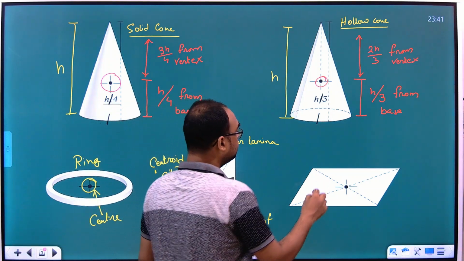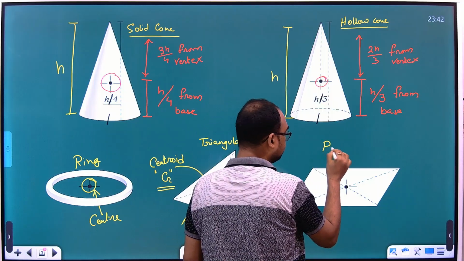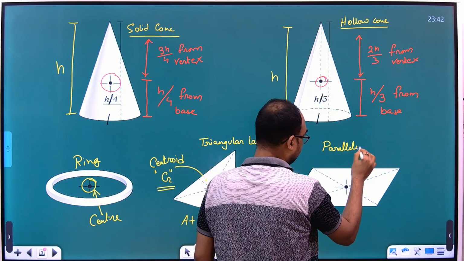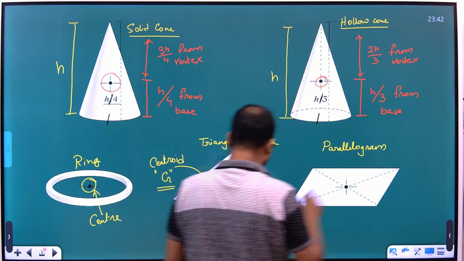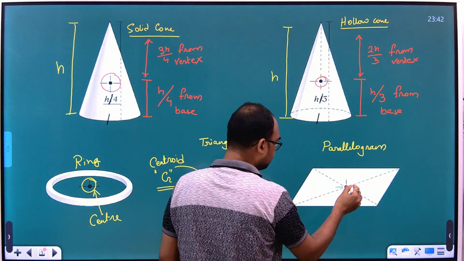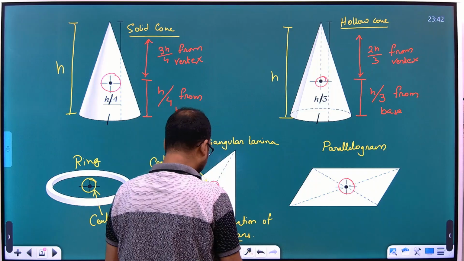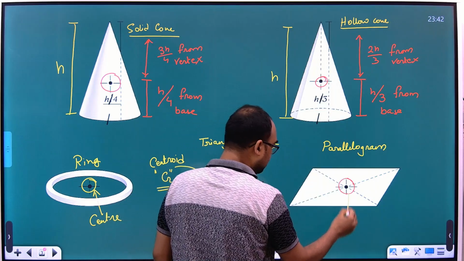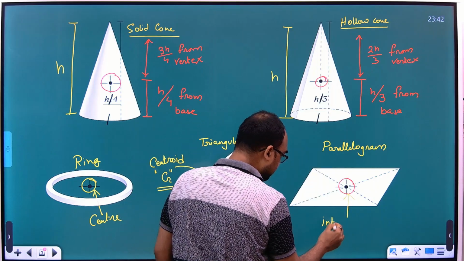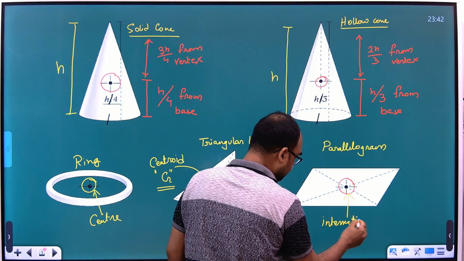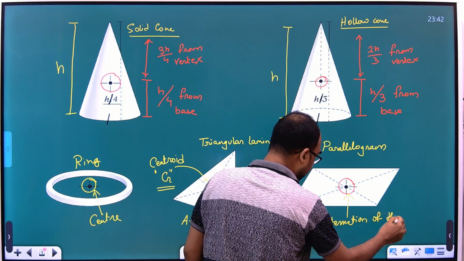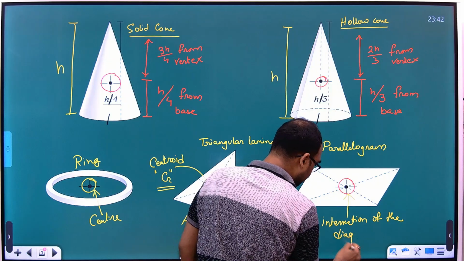Next, you have a parallelogram. It's a simple one. The COG will be at the intersection of the diagonals.